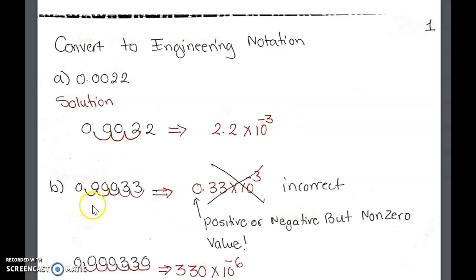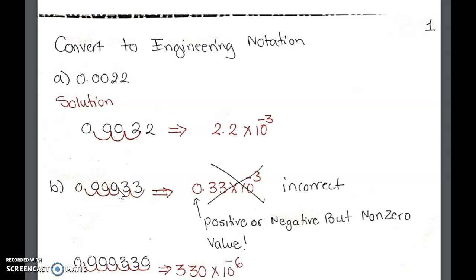The second part, I have 0.00033. So now I'm going to count how many places I have to move the decimal point. I'm going to move it 1, 2, 3.